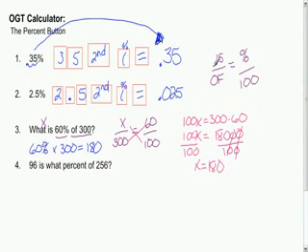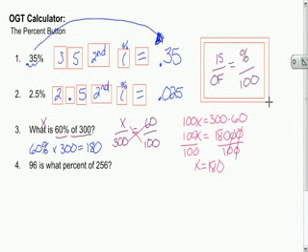Okay. For number 4, let's go ahead and do the is over of, percent over 100 again. I do really like this method because I think it's real easy to fill in the missing parts.